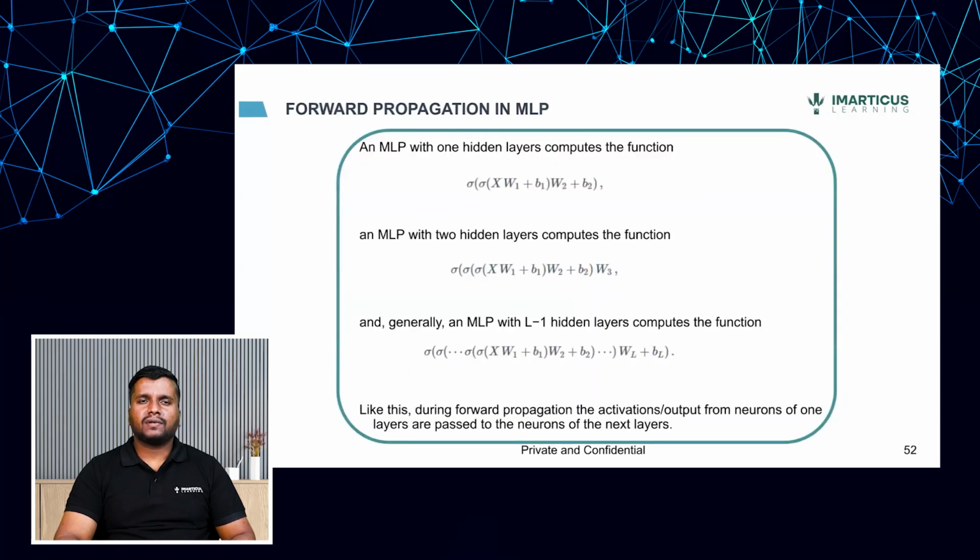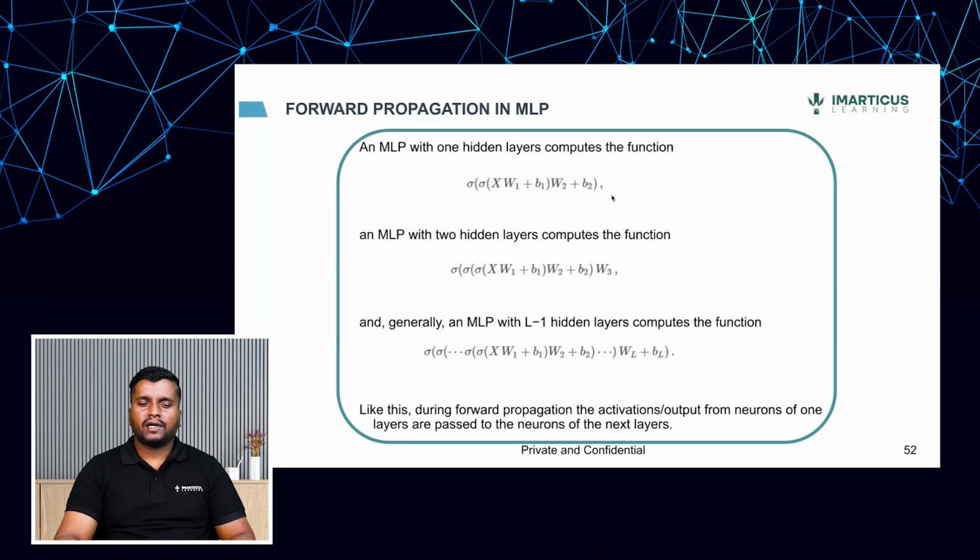In the MLP, multi-layer perceptron, we can see the forward propagation here. A multi-layer perceptron with one hidden layer computes a function. For example, we apply a sigmoid activation function over the function we get for a single level of neuron. So sigmoid activation of xw1 plus b1, into w2 plus b2, is the value for the one hidden layer.